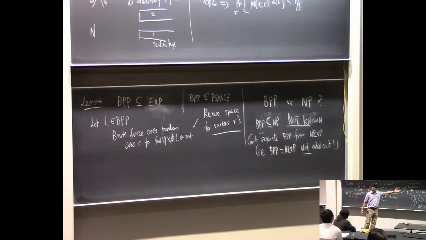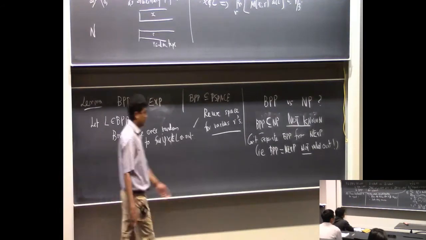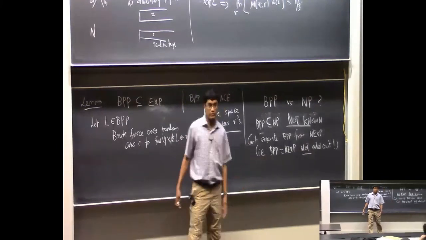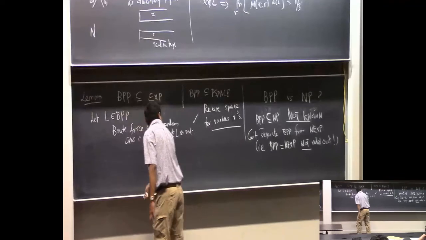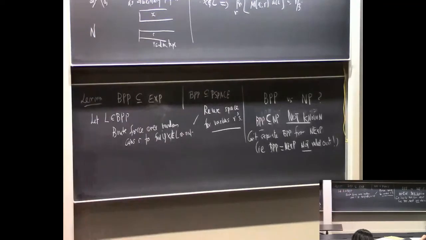But in terms of what we can actually prove, there's a huge gap between what we believe the worldview should be and what we can prove. This is probably one of the most alarming open questions in complexity, that we cannot separate BPP from NEXP. It sounds absolutely ridiculous, but that's the state.